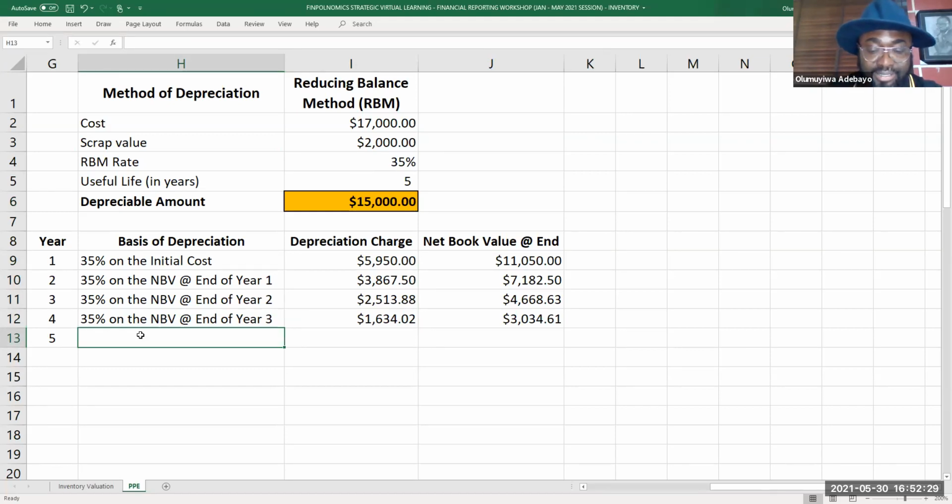I can just say the difference between the depreciable amount and the sum of depreciation in year 1 to year 4.